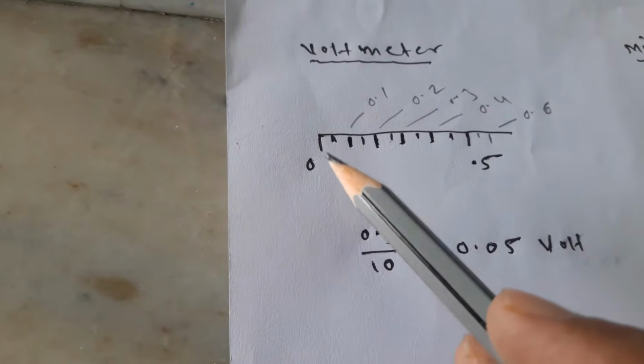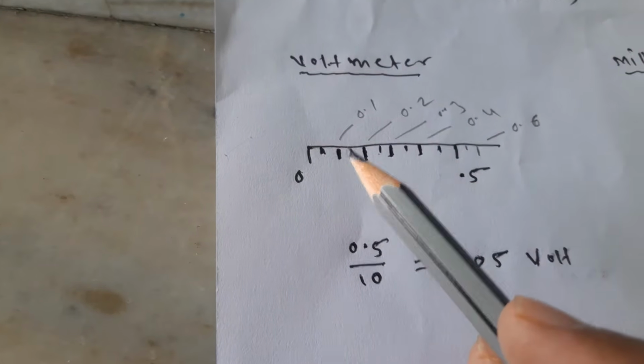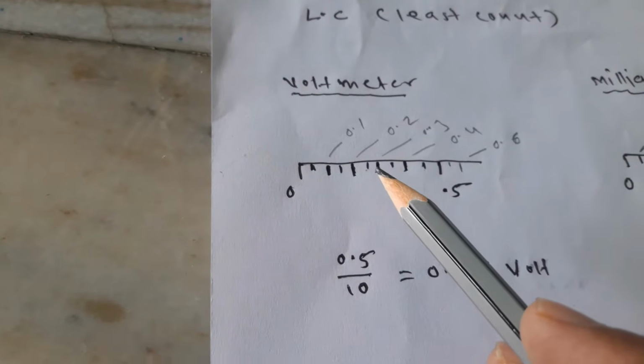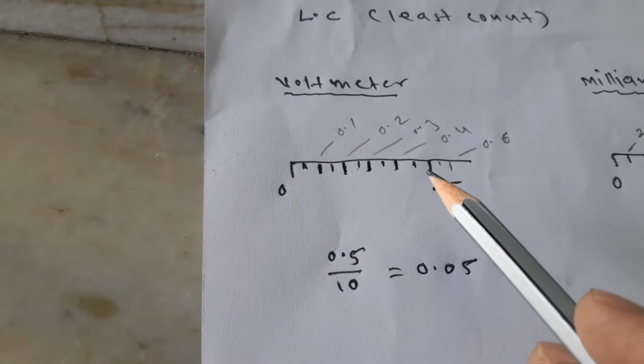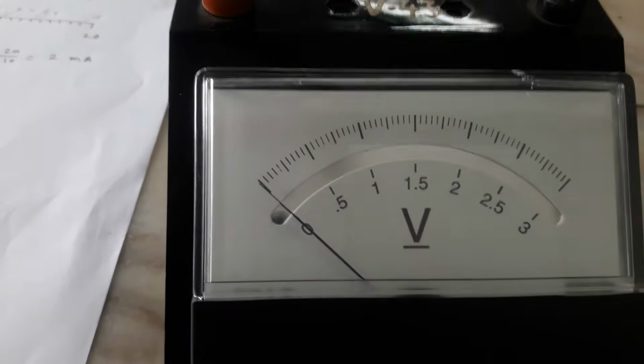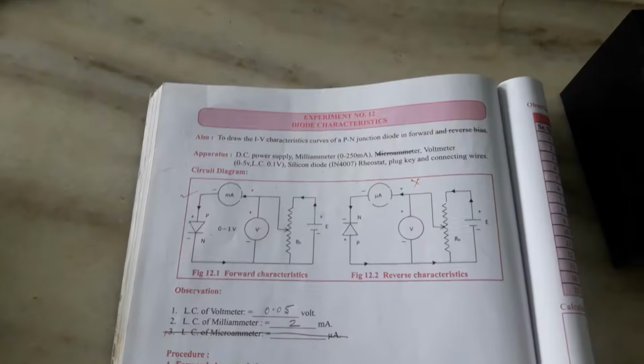The smallest you can measure here is 0.05, then 0.1, 0.15, 0.2, 0.25, 0.3 and so on. This is 0.5, 0.55, 0.6. Okay, so we did the least count of the voltmeter and of the milliammeter. This is my rheostat, battery and diode.